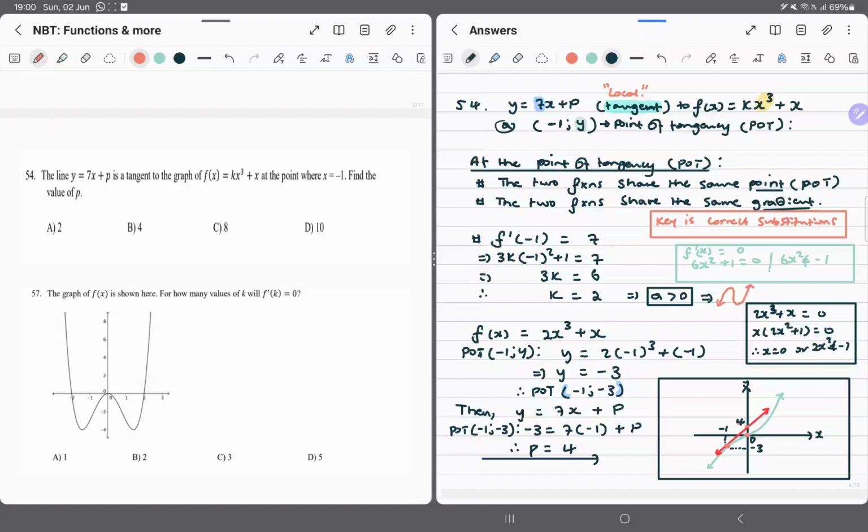So I hope you understand what is going on. So guys, we found out P is 4. That is done. All right, so therefore the answer to our question was option B.